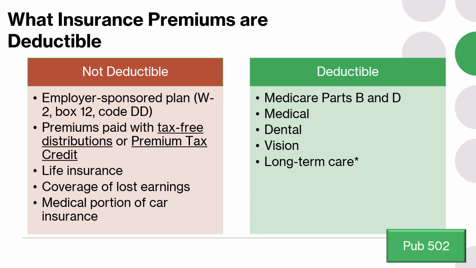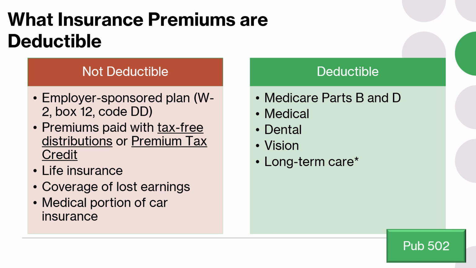And so employer-sponsored health coverage is one of those instances. So generally, if people are getting insurance through their workplace, they cannot deduct the premiums from their income on Schedule A, because that would be giving them a double tax benefit.